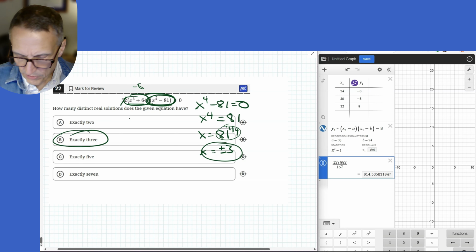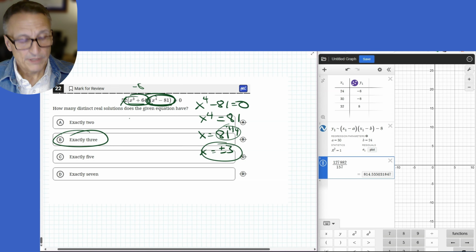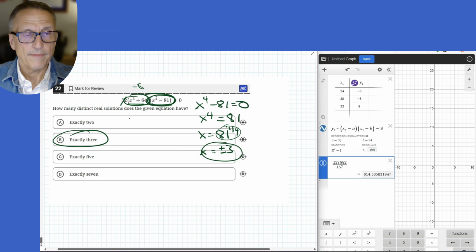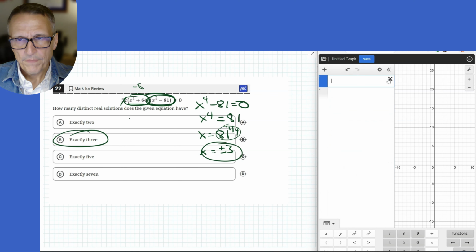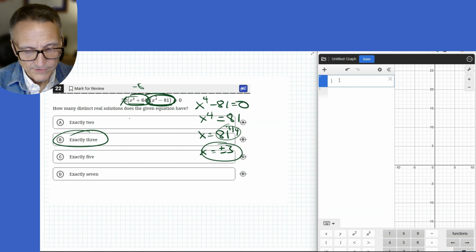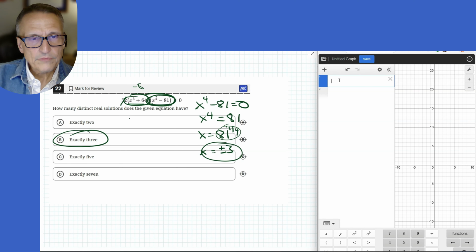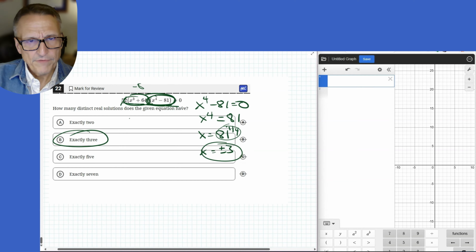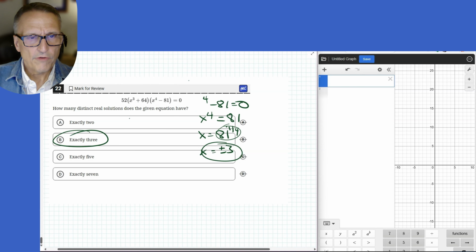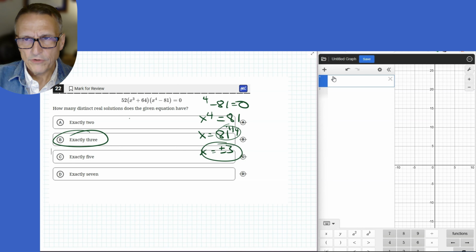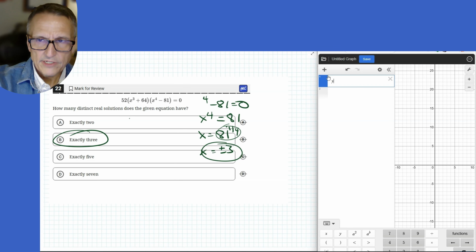Now, if you weren't sure and you had time left, because a lot of students do have extra time on Module 1, you could have, just to be sure, quickly graphed this equation. Now, I tell my students that if you are going to use Desmos to solve an equation, what you want to do is graph the left and right hand side.